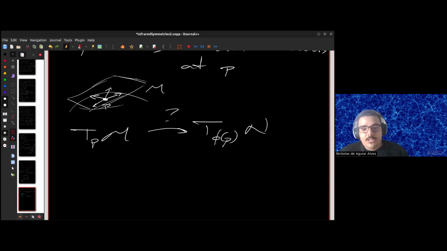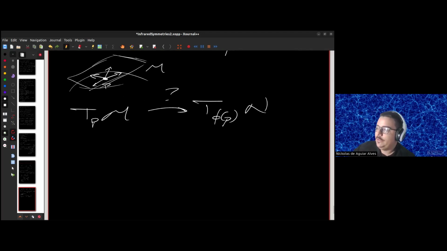And what we do now is not a pullback. What we can do now is a push forward. So instead of pulling back a function, we can push forward a vector. What do I mean by that?